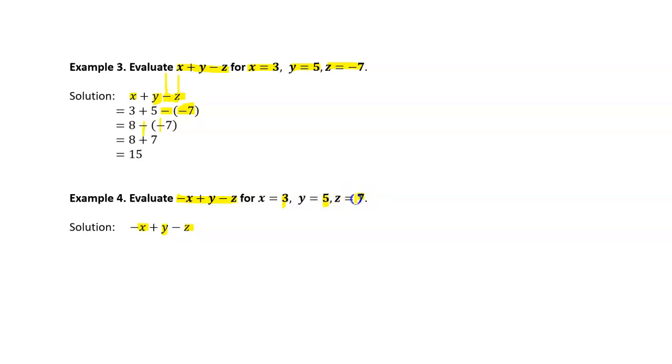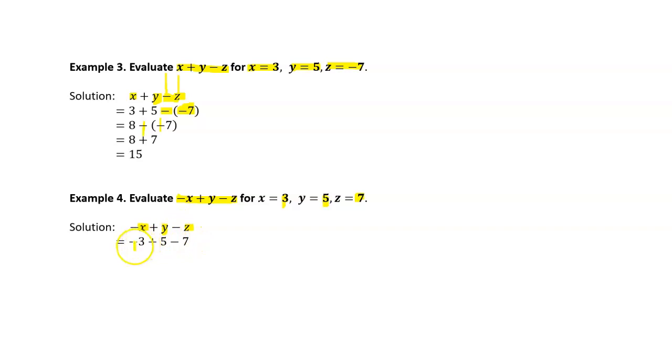But make sure when you plug in numbers, the signs given, say there's a minus in front of x, and there's plus in front of y and z, minus in front of z. These signs, we cannot get rid of them. We have to bring them down. So this minus, bring down, just plug in 3 for x, plus, bring down, plug 5 in for y, and minus, bring down, plug 7 in for z.